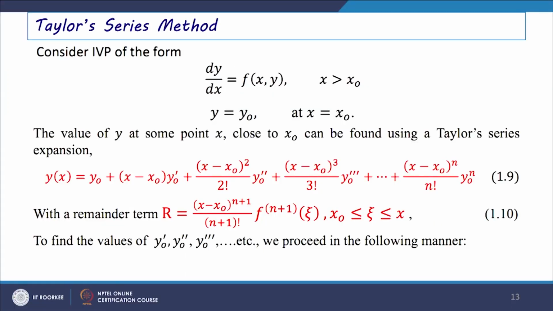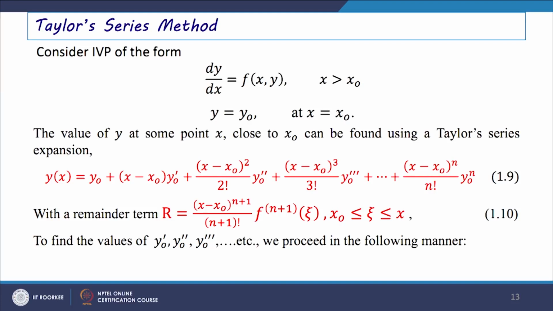So first we have to consider that if the function is defined at its initial point, then close to that point this function should be continuous. If the function is continuous in the neighborhood, then we can expand in Taylor series form.